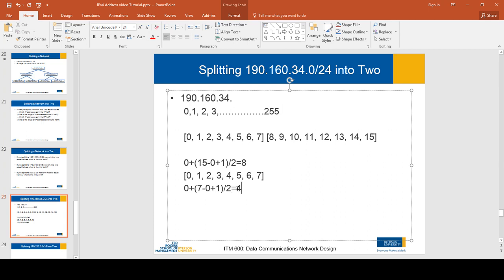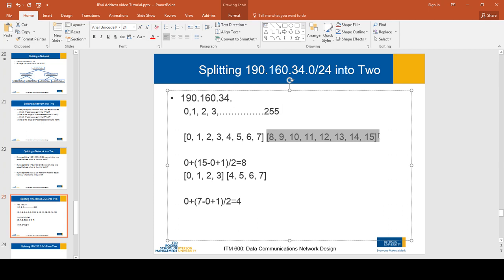So 4 is the start of the second half. If we split these numbers, then 0 to 3 would be the first half, and 4 to 7 would be the second half. And we can see that there are 4 numbers in the first half and 4 numbers in the second half.